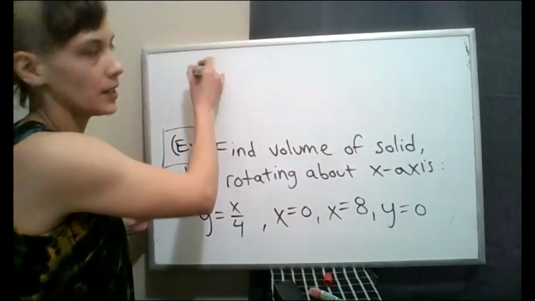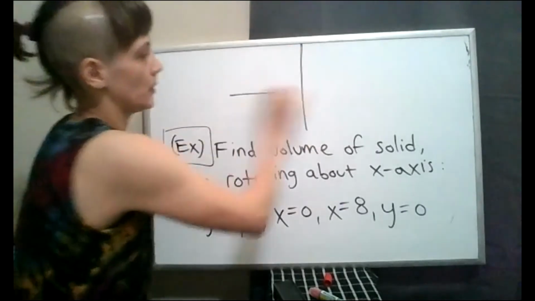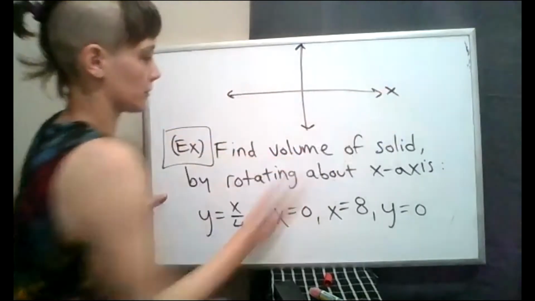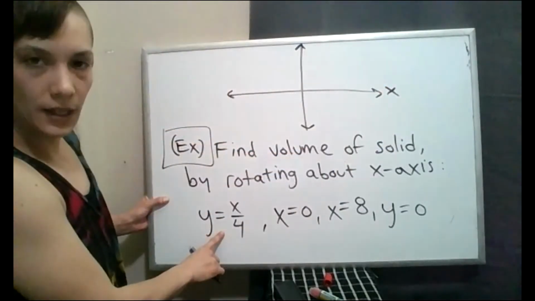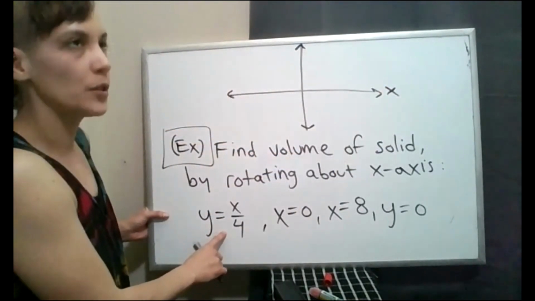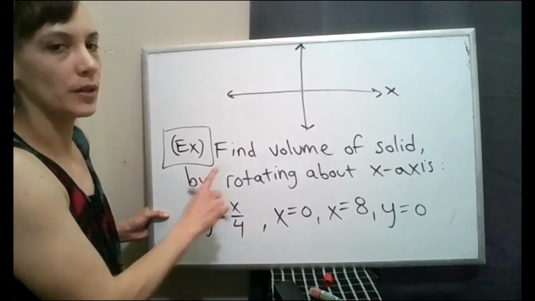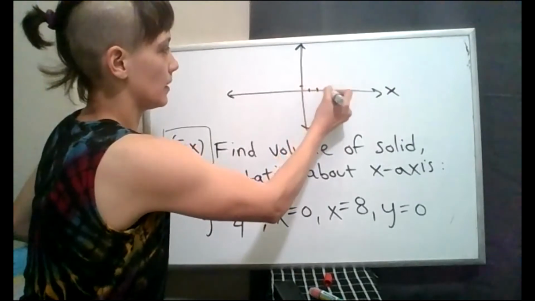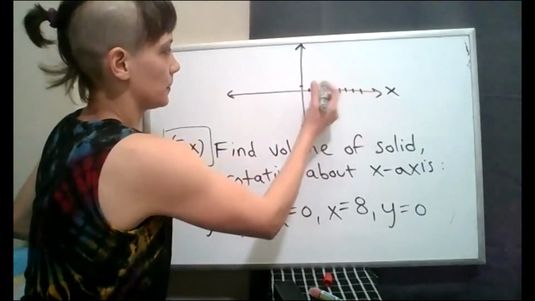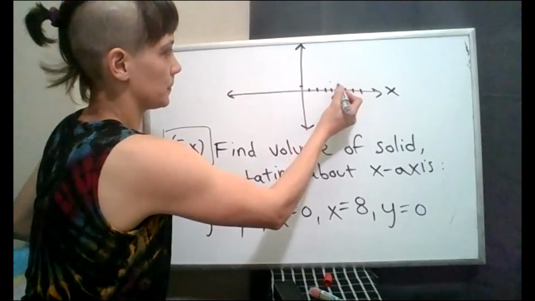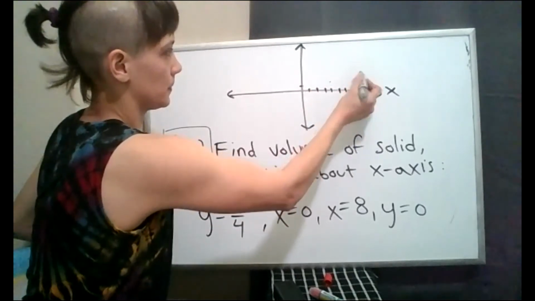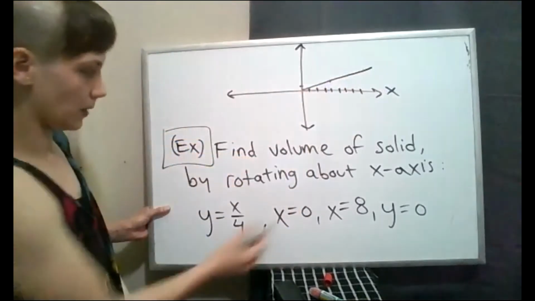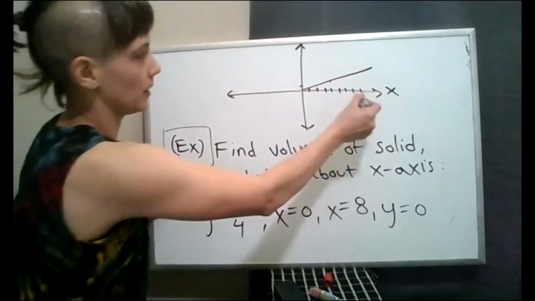Again, I would check in Desmos, but you just want to maybe sketch out what's going on. You start at the origin and your slope is positive 1/4. So up 1 over 4, straight line, going from x equals 0 to x equals 8.